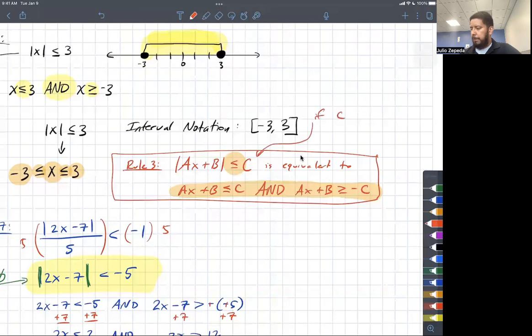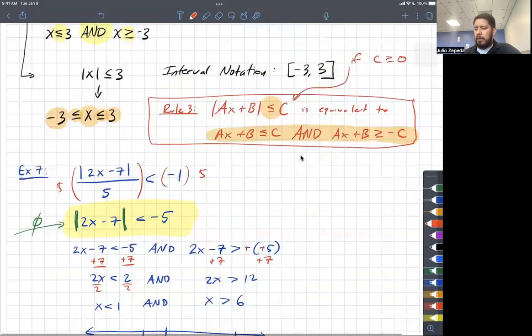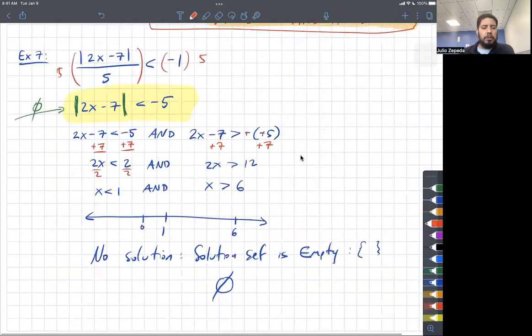Because if that number is negative, like that -5 is, then sure, you can use the rule, but that's a case where you may have no solutions. Actually, we used it there and we said there's no solution.